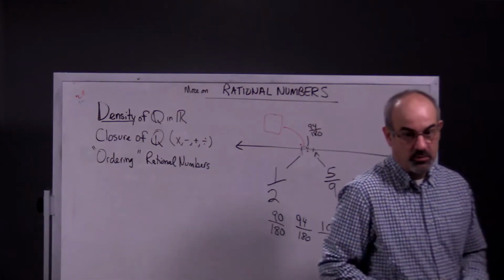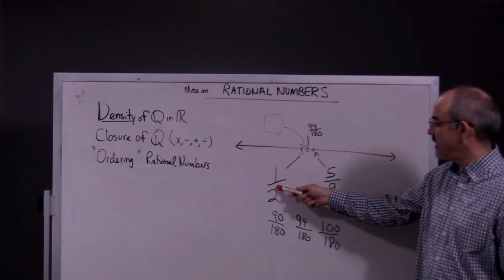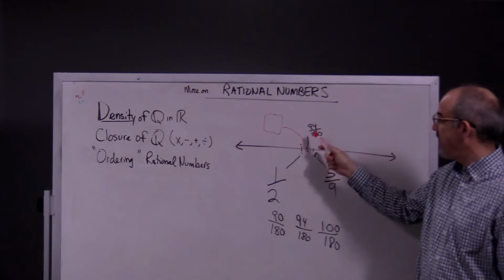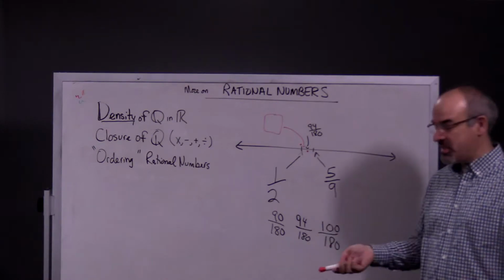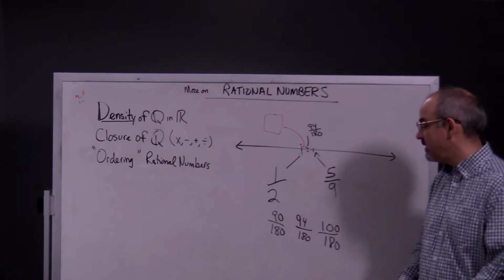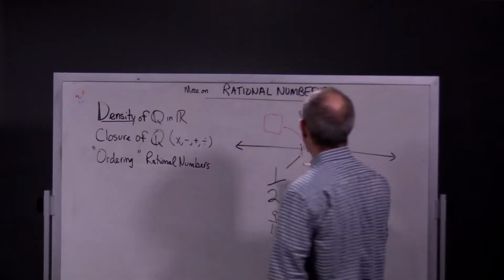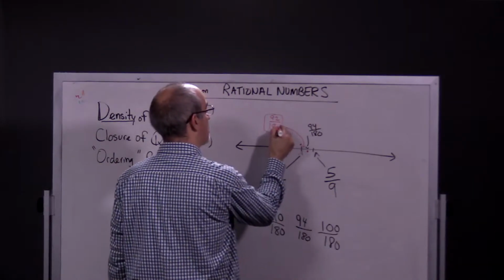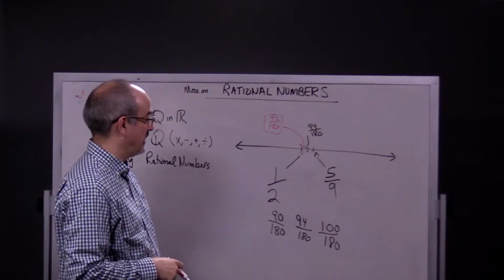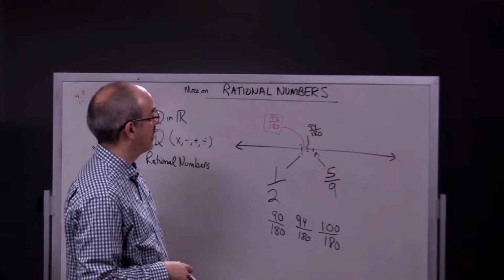Okay, so let's try to find a rational number in between 1/2 and 94/180. That's easy. We just said that 1/2 can be written 90/180. So 92/180 would be in between 1/2 and 94/180.